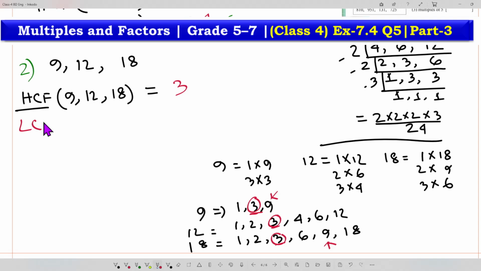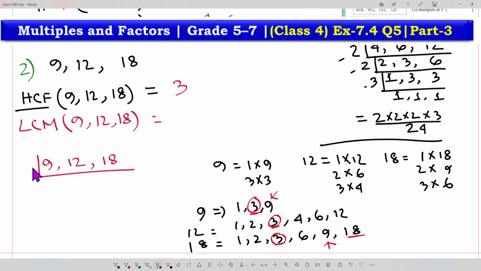What about LCM of 9, 12 and 18? Look, 18 is the highest factor, but we cannot divide this 18 by 12 or 9. So in this case we write 9, 12 and 18.